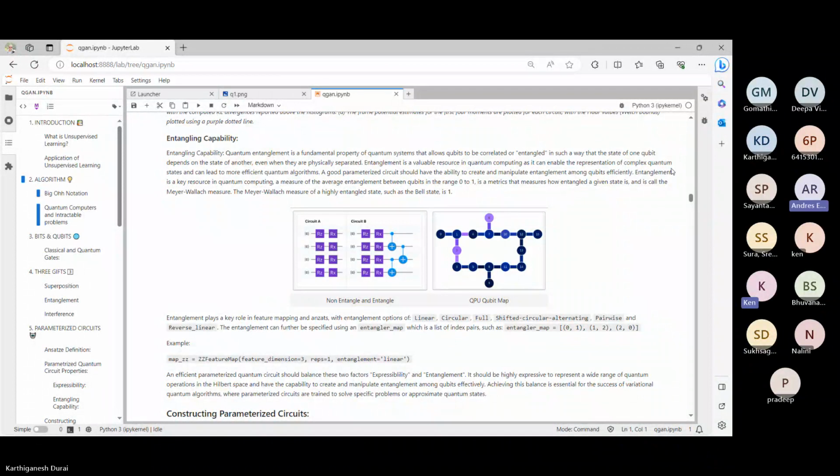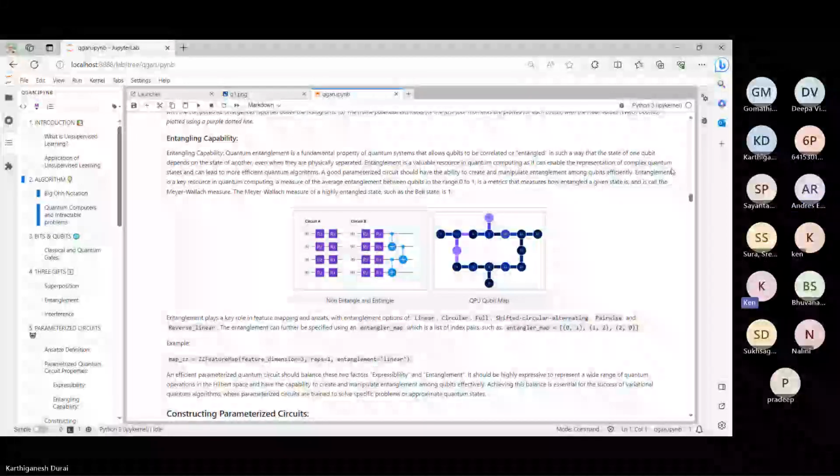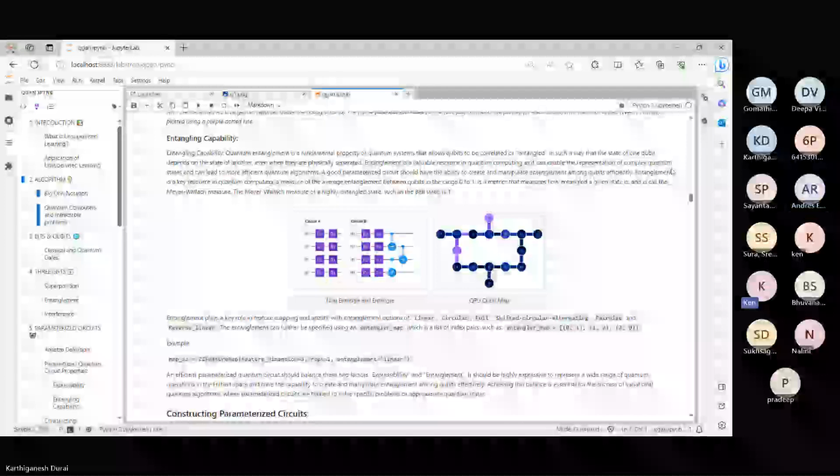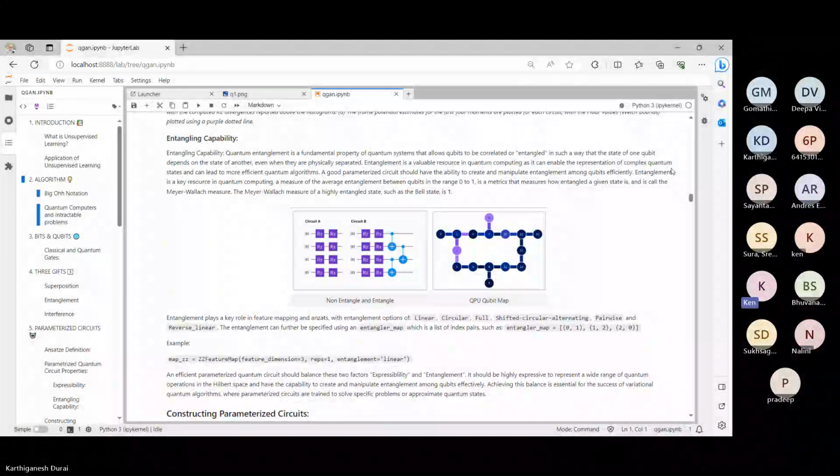Qiskit provides us with many entanglement options, and they include linear, circular, full, shifted circular, pairwise, and reverse linear. All of these have their own entanglement form, and these are just options for us to optimize our solutions.